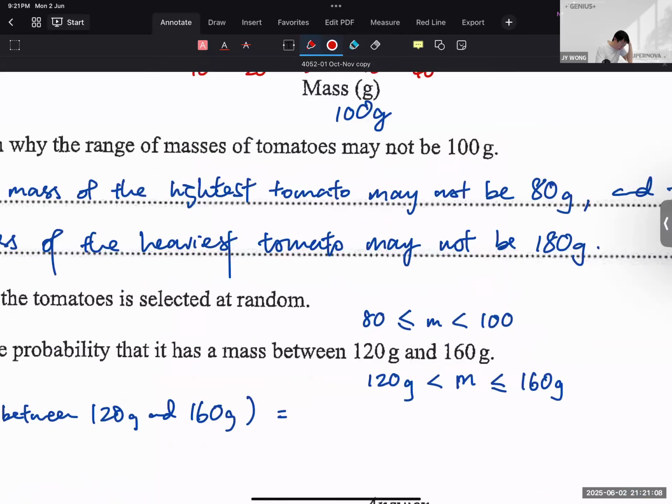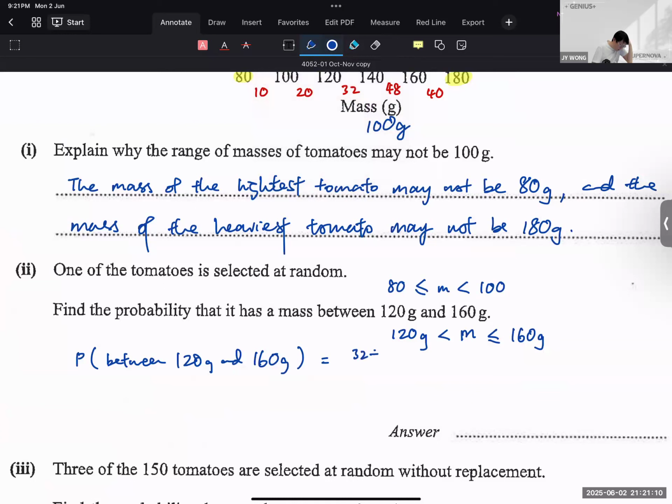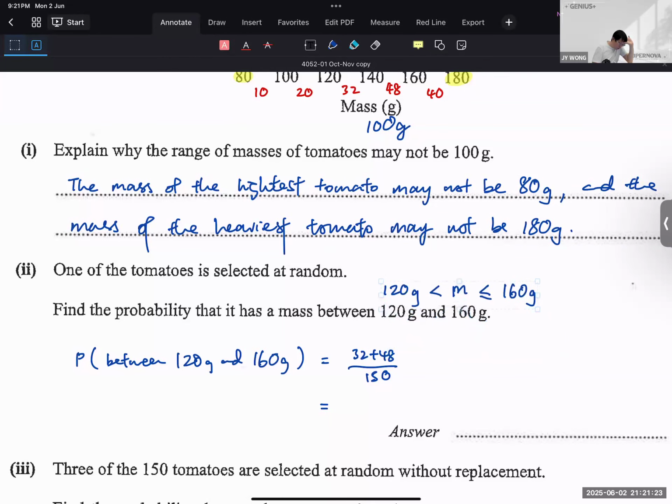So it's 32 plus 48. The total is 150. Don't need to go and count, it is given in the question. Then you just press your calculator and leave your answer in its simplest form, please.